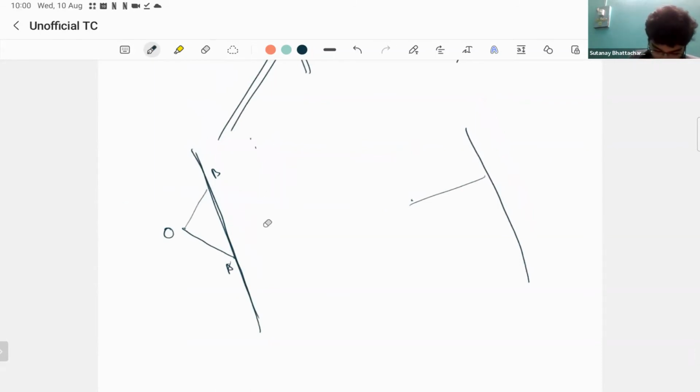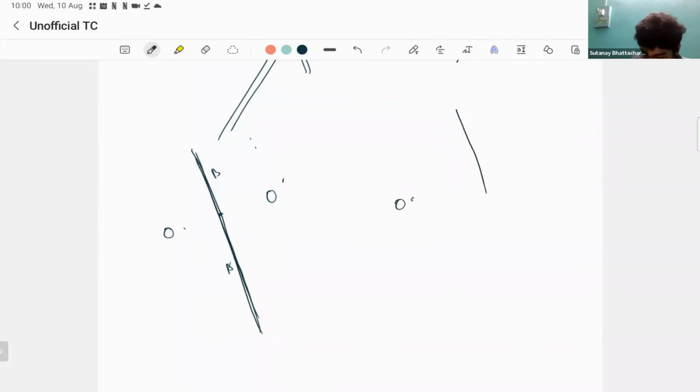Yes, I remember now. So just to recap, we have this O dash, and you use the condition to figure out that f of A, f of B, and f of O dash are collinear. So this entire line maps to this one singular line that also contains f of O dash. And if you take any other line passing through O dash that intersects this line at some point, it also... oh wait, there's one little caveat.